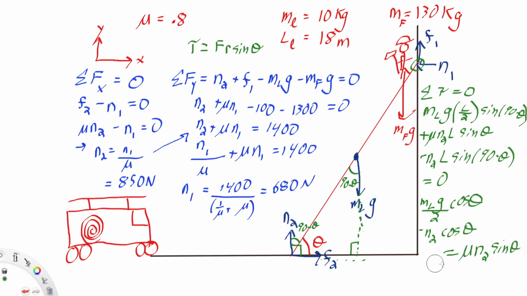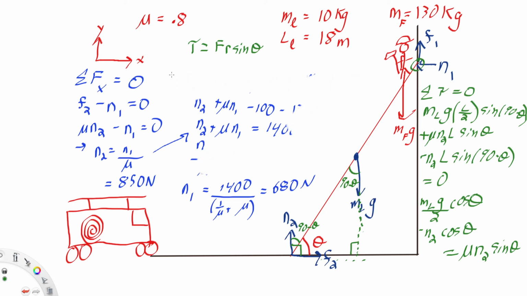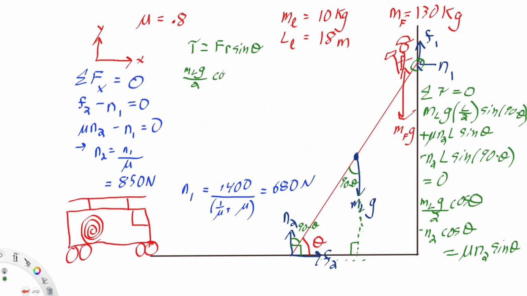And anyone see where I'm going with this? Why did we put the sine on the other side of the equation? The idea is we're going to take this equation and do what? How are we going to solve for theta?